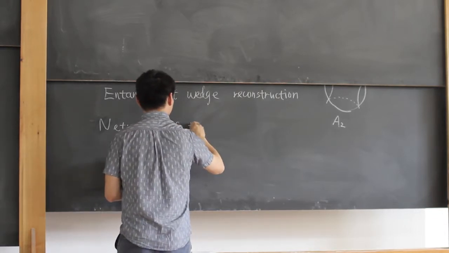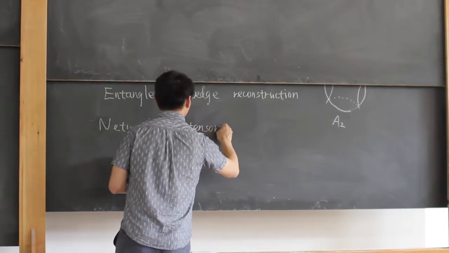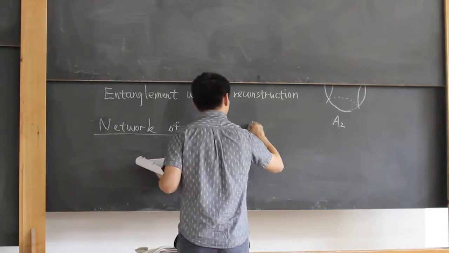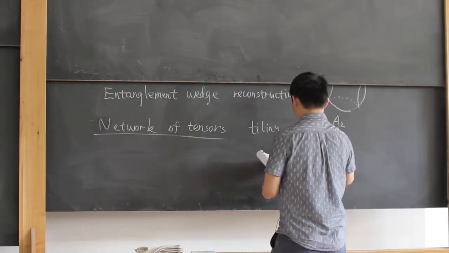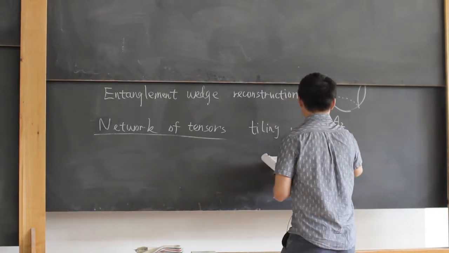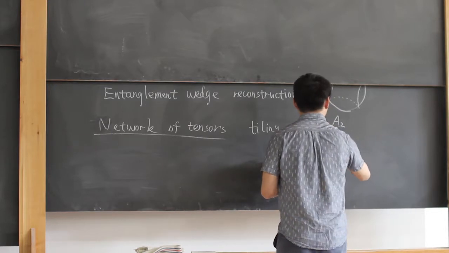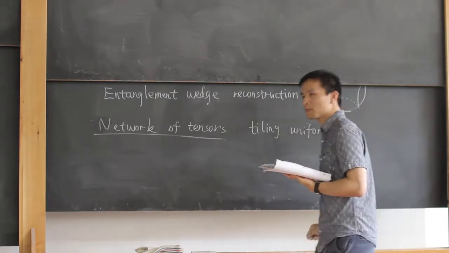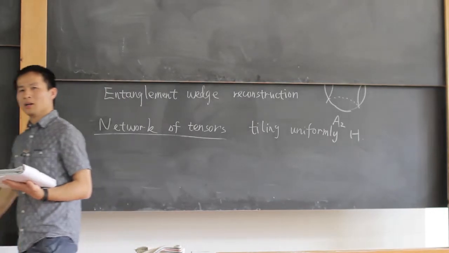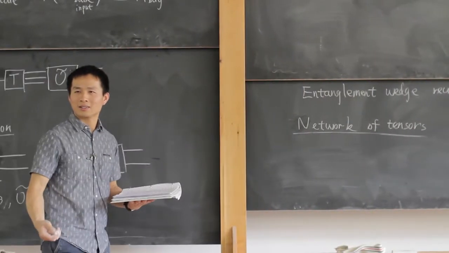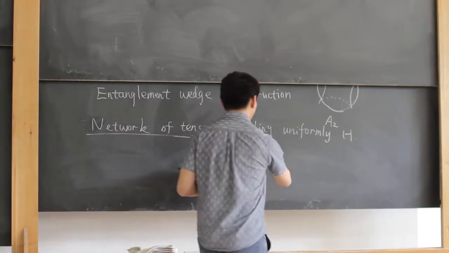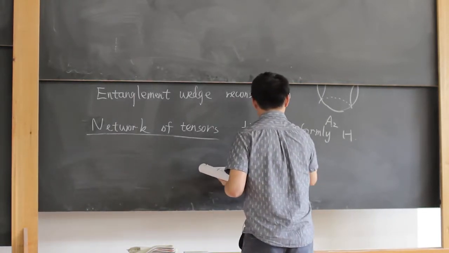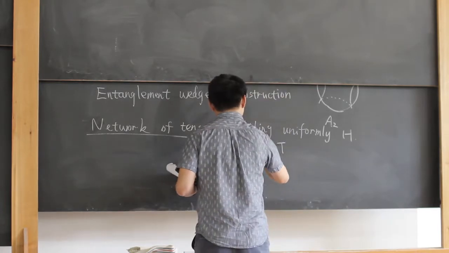Now that we know the ingredients to use, we can just tile them by tiling uniformly some nice space, for example, the hyperbolic space. The hyperbolic space is a time slice of AdS, so let's start with that. And we will be using a tiling that will certainly use perfect tensors.